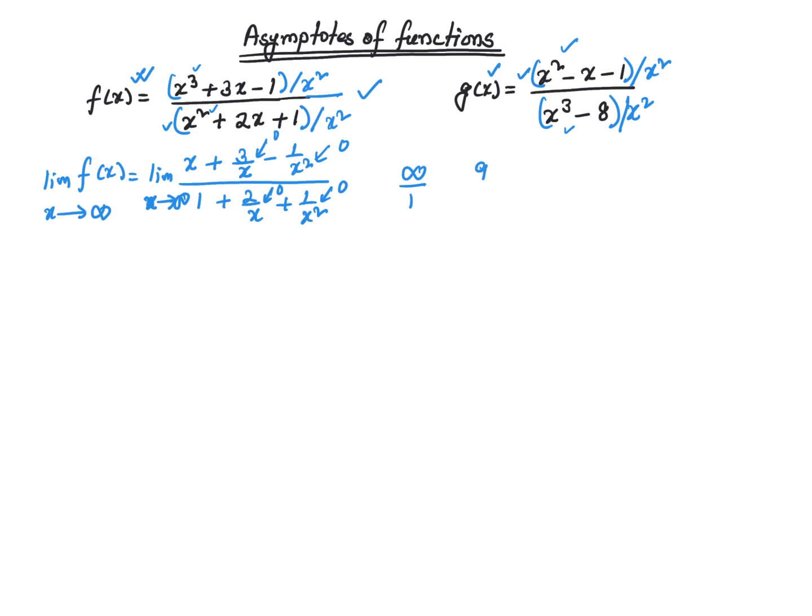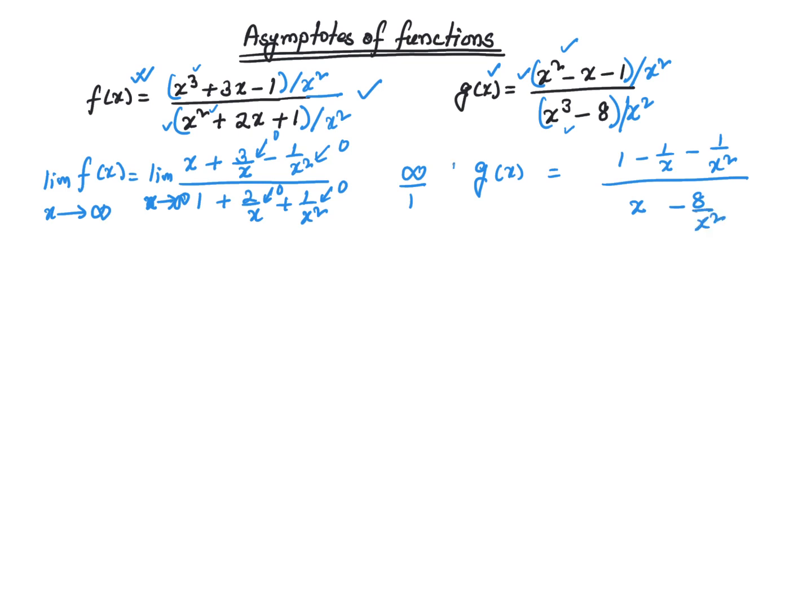So if I were to rewrite it, g of x is going to be 1 minus 1 over x minus 1 over x squared, divided by x minus 8 over x squared.